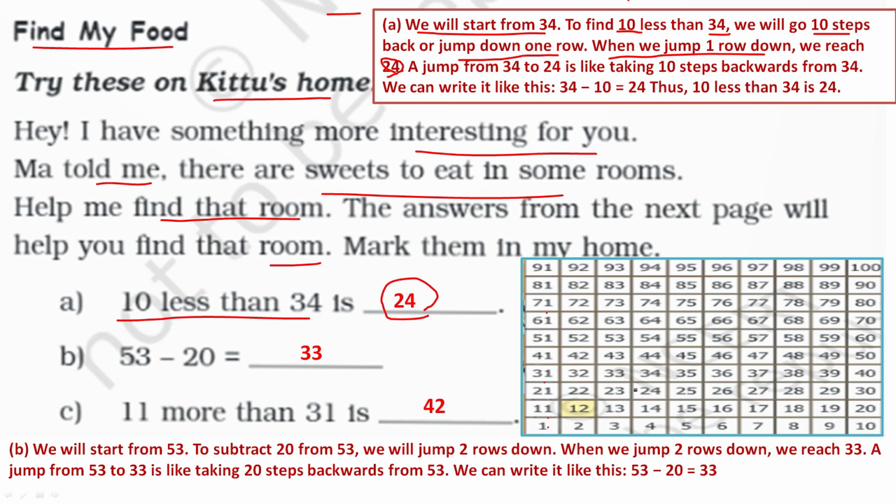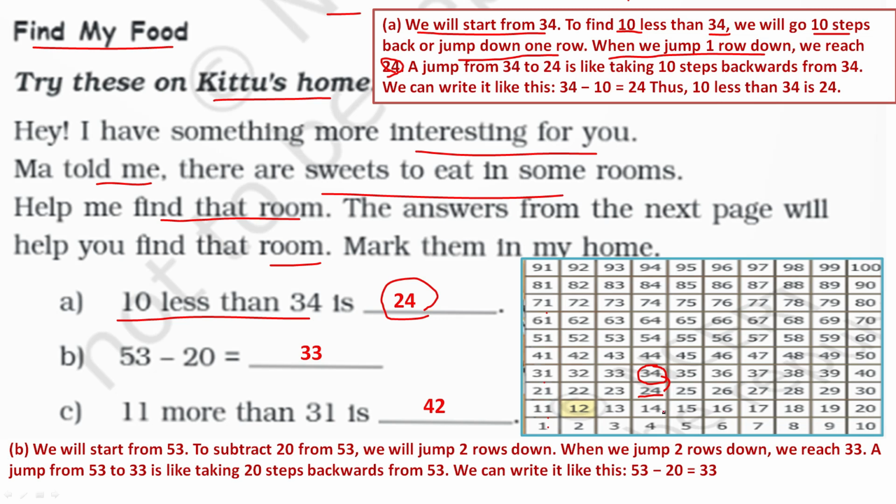So where is 34? Here, 34. If you jump one step down, you will get the answer 24. Or what can we do? You can go backward 10 steps, and you will get 24.